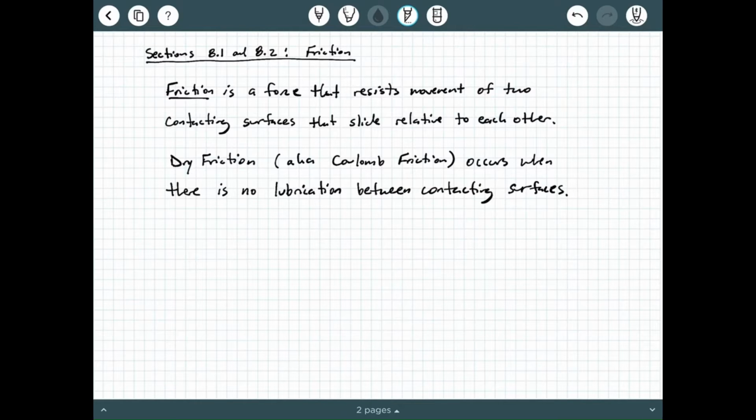So dry friction is typically what you have also studied in a Physics 1 course, and that occurs when there is no substance in between the surfaces that gives some kind of lubrication to increase the sliding capability and decrease friction. So we're talking specifically about this case of dry friction, which is also known as Coulomb friction, which is named after a mathematician and physicist with the same name.